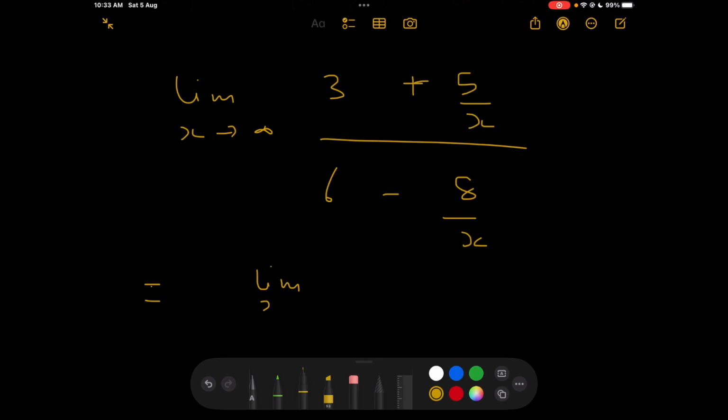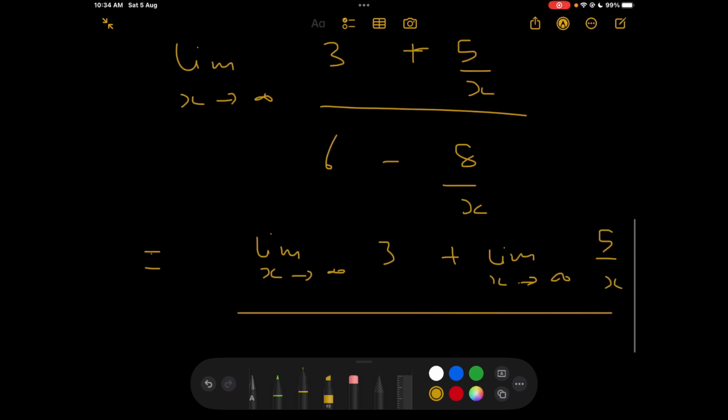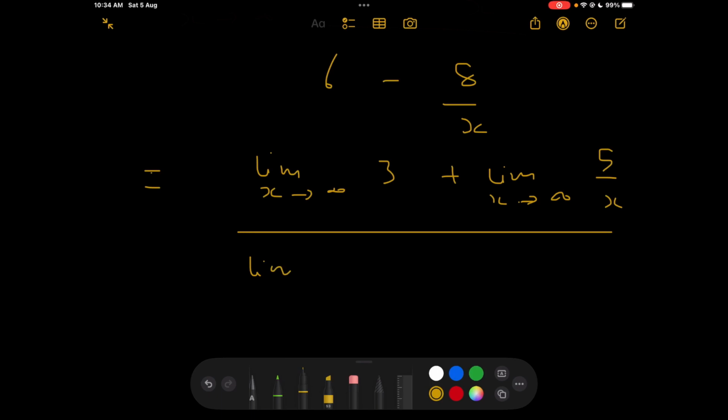So it will be equal to limit x tends to infinity 3 plus limit x tends to infinity 5 by x, upon limit x tends to infinity 6 plus limit x tends to infinity 8 by x. This was minus here, so just a second.